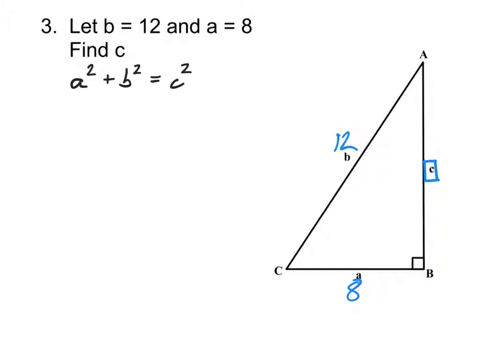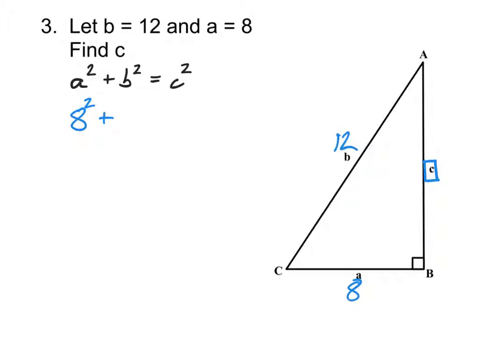So, we need to start plugging in now. The key with Pythagorean theorem is remembering that when we write c squared like that, that means the hypotenuse squared. Notice this number c here that we're solving for in this problem, that's not the hypotenuse. So it's not whatever side I happen to label as c, it's the hypotenuse. So let's start plugging in. 8 is a, so we got 8 squared plus the other leg squared.